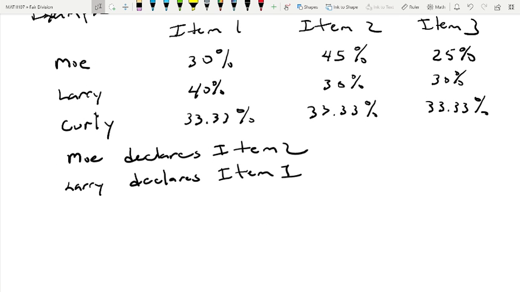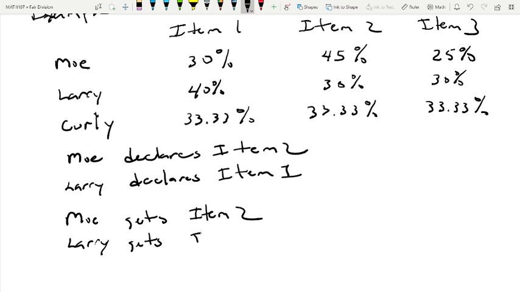So in this scenario, Mo will get item 2, Larry gets item 1, and then Curly gets item 3. Each one of them gets an item that they consider to be their fair share.